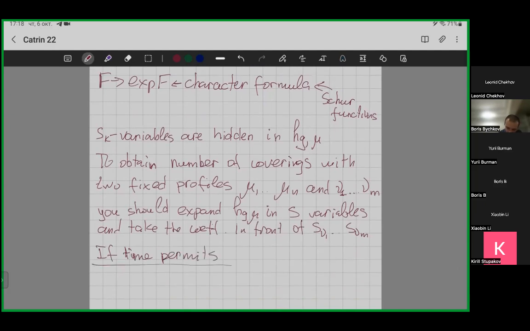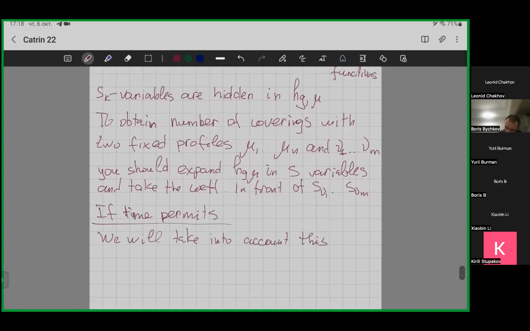We will take these into account as new variables and obtain some H_m,n of g.